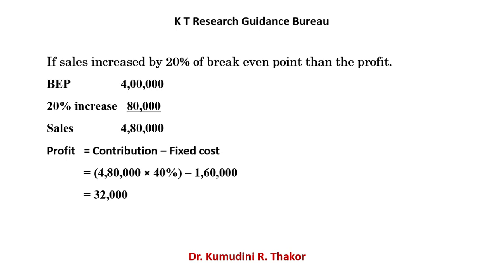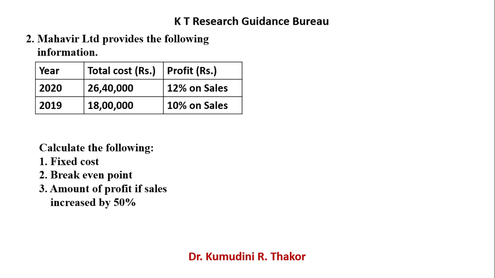Let's consider another little bit complicated example. Mahvir Limited provides the following information: year, total cost and profit. 2020 total cost was 26 lakh 40,000, and that time you enjoyed 12% profit on sales.